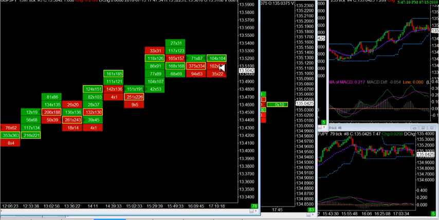Here, 102 versus 80. It will change to green if you have more buyers than sellers. In this case, you have equal buyers and sellers, but it's still showing green. However, in the green boxes, you should see more buyers than sellers, 126 here, 118 on the left hand side.